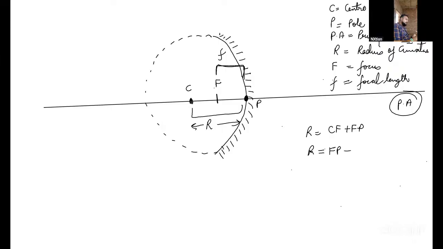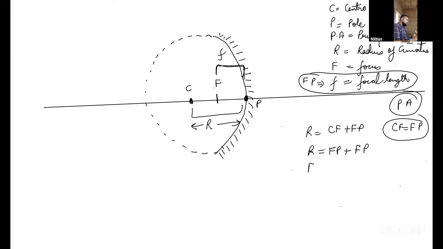So can I write CF instead of FP? Did you understand, Ira? Because I told you focus is the midpoint, it means this distance and this distance are both the same. Now FP is basically the focal length, denoted by small f.